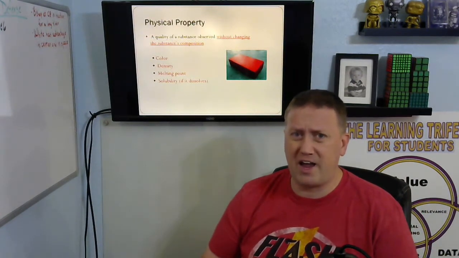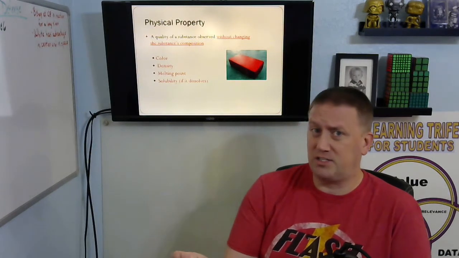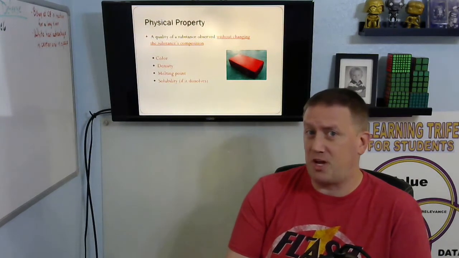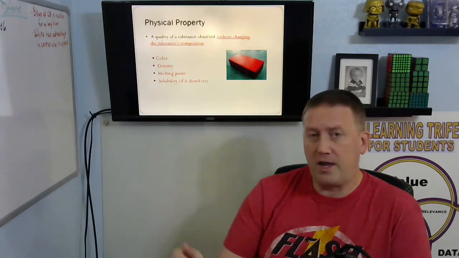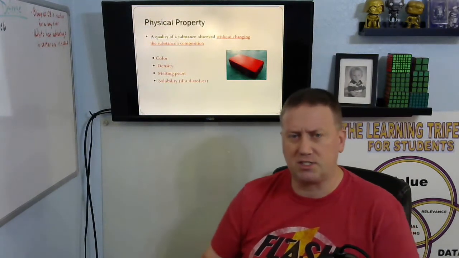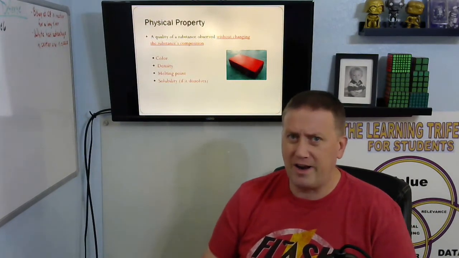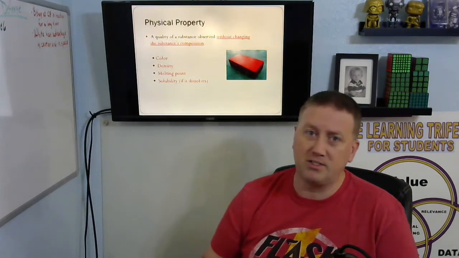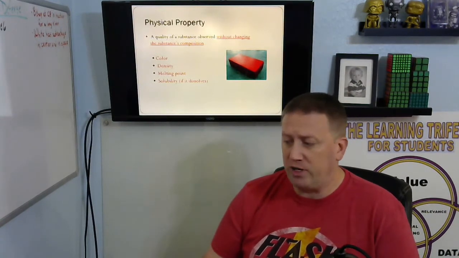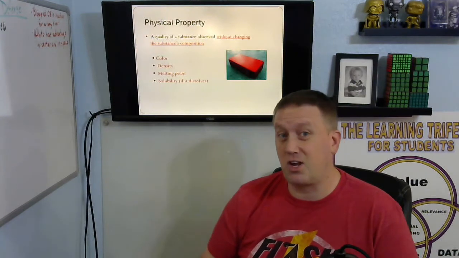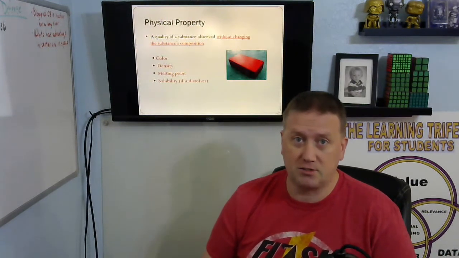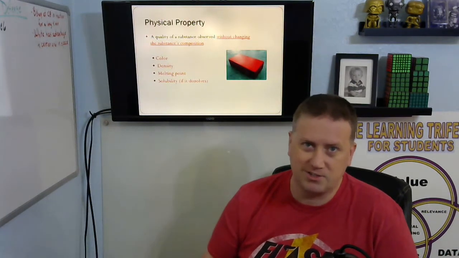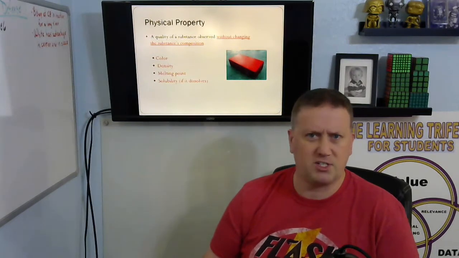So things that, as long as it remains that same substance, it will possess these characteristics, these properties. Examples are color, density, melting point, and the solubility of that substance. And solubility, of course, is if it dissolves.